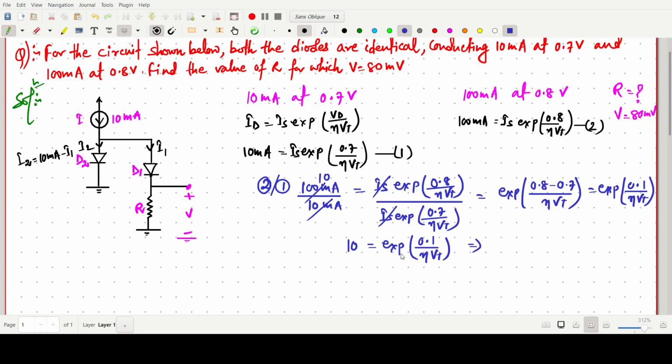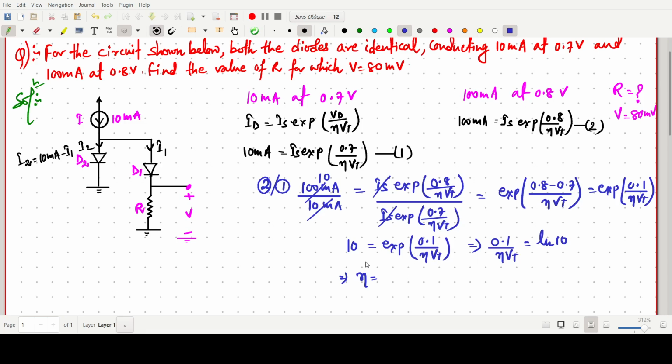VT is known to us, 25 millivolt, so we can write 0.1 by eta VT equals ln 10. From here we can find the value of eta, because these two conditions are given to find eta. That's why we have used these two equations.